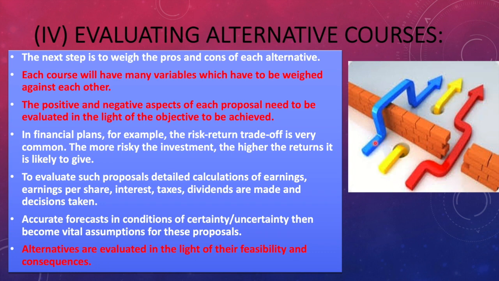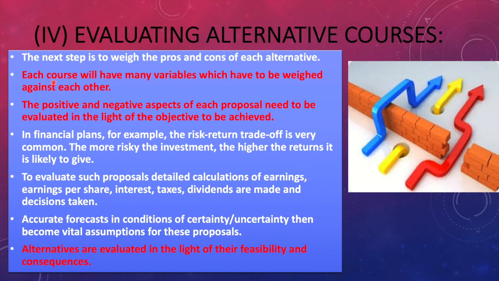Now we need to think about which one is the good one, or what are the consequences. If we break the wall, then what will happen? If we go under this wall, then what will happen? If we go over the wall, then what will happen? So we need to calculate all those things, right?